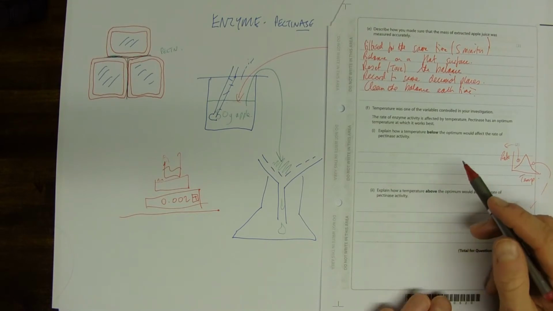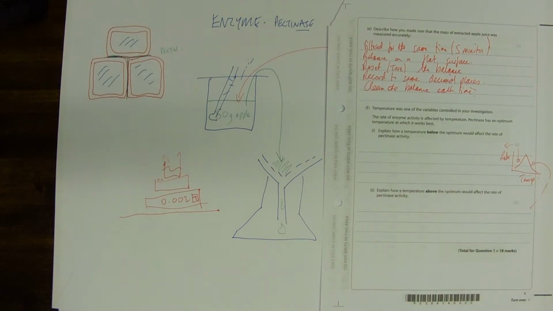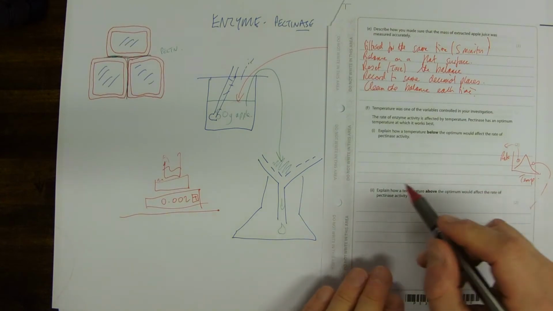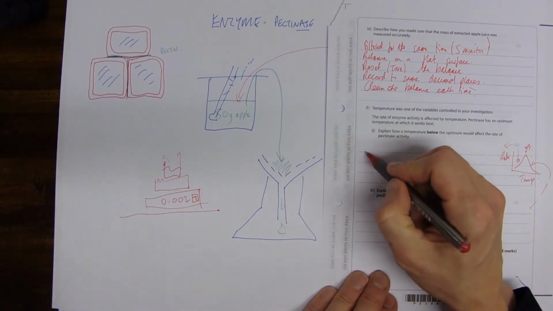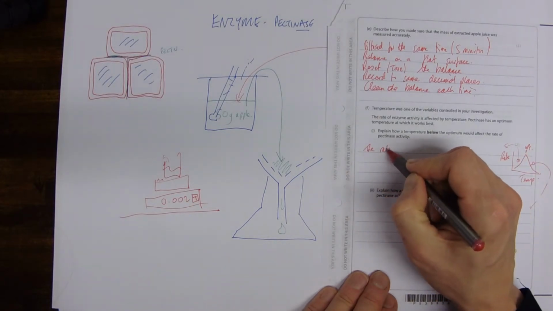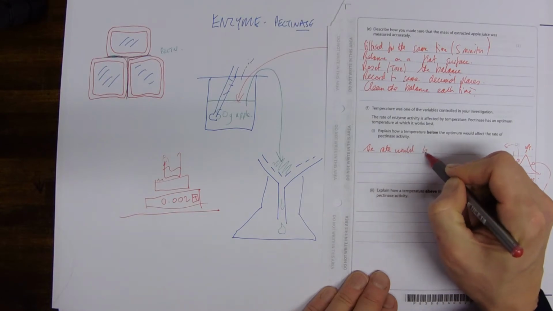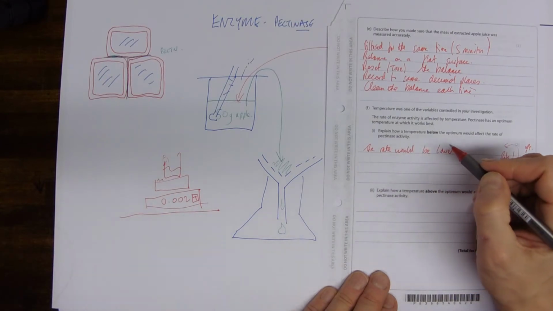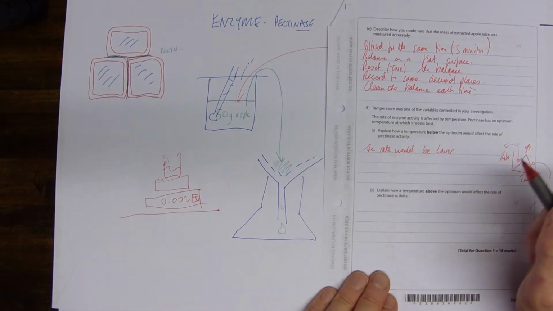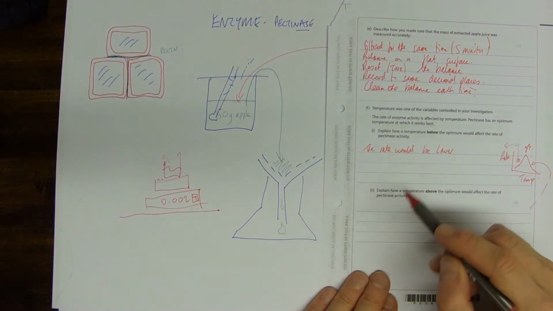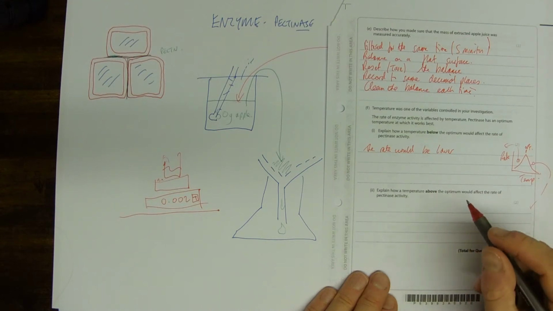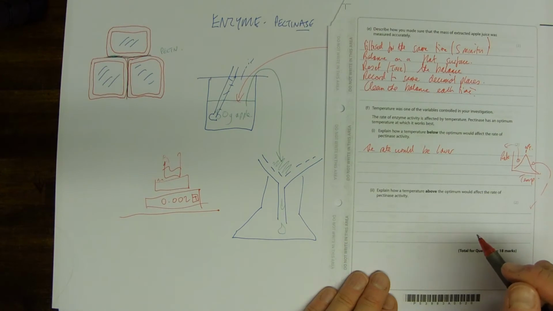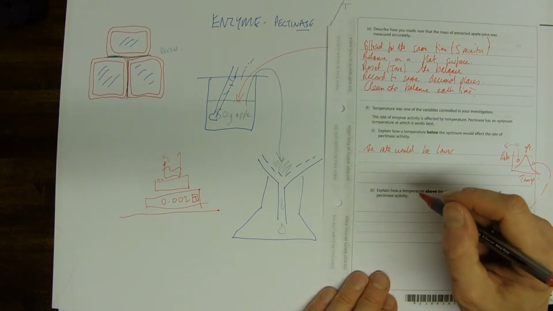So below the optimum, what would happen? How would that affect the rate? Well, the rate would be lower, or it would take longer to extract the juice, that sort of explanation. Why? We just need some classic enzyme theory, level 3 science, biology.